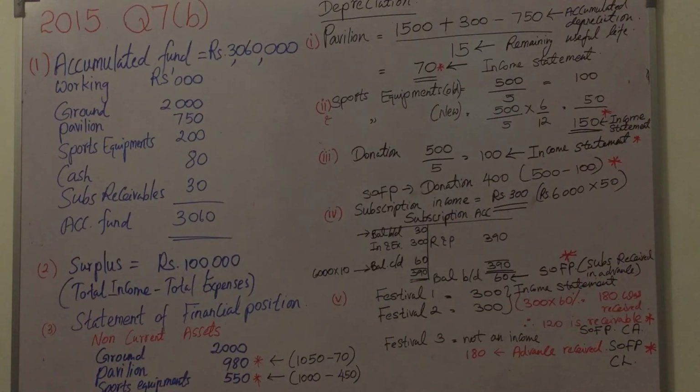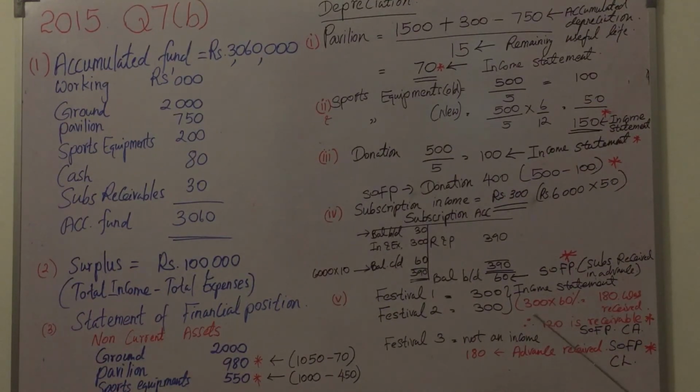Right. And the second one completed on the 8th of November 2014. Only the advance was received. Although only the advance was received, this festival number 2 also, total 300 is an income relevant to the period. So both festival number 1 and festival number 2, 300 each, should be included in the income statement as an income relevant to the period.